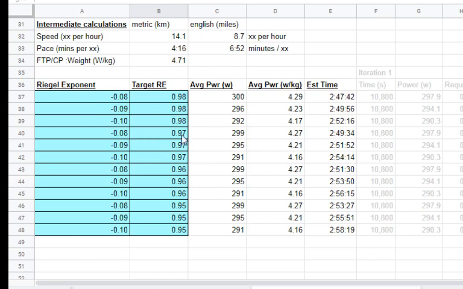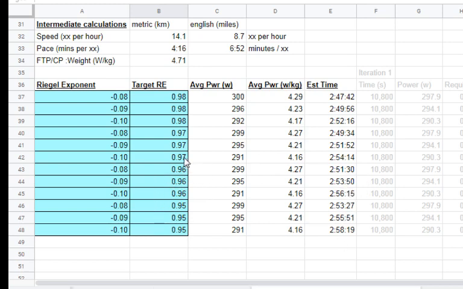Same thing again. If he's got good fatigue resistance, even a 0.97 gets him to the mark. He gets close if it's 0.97, but if he's 0.96 or 0.95, not quite going to do it. It's still not getting down there.